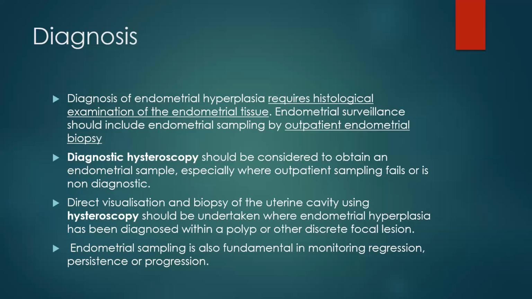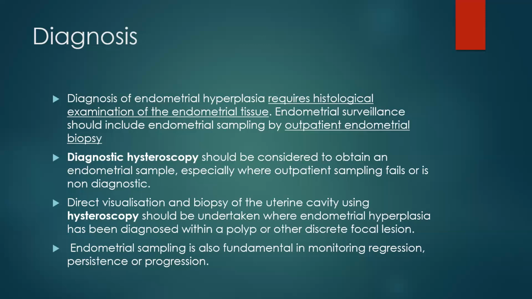So now we have the indications for hysteroscopy: if we are unable to obtain a sample from outpatient endometrial biopsy, or it is non-diagnostic, or if we suspect a polyp, because with a polyp there is an increased risk that the patient has some sort of hyperplasia in the background endometrium.